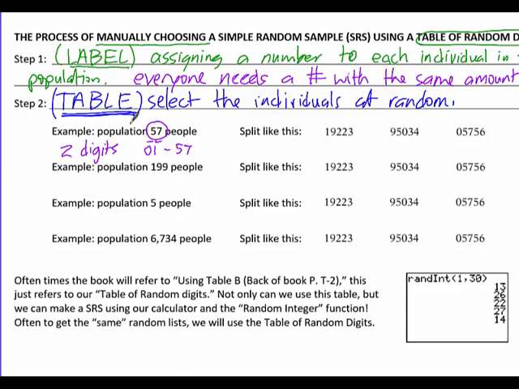Okay, now there's some people who would argue you want to start at 00 and then go all the way up to 56, and that's going to be the same outcome. It's just personal preference. I like to go from 1 to 57 because it makes sense. All right. So any number between 01 and 57 is a person I could ask.